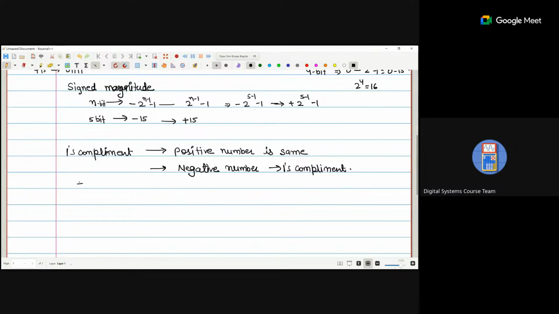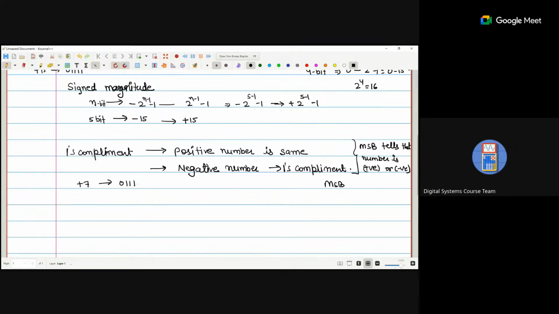For example, plus 7 is represented as 0111, where the MSB tells whether the number is positive or negative.